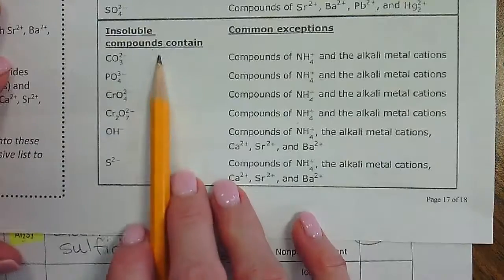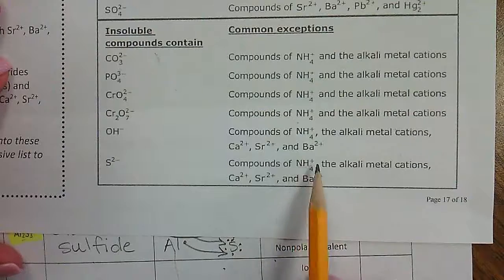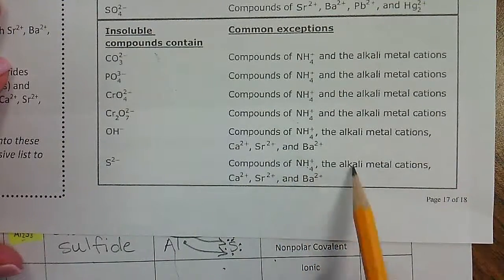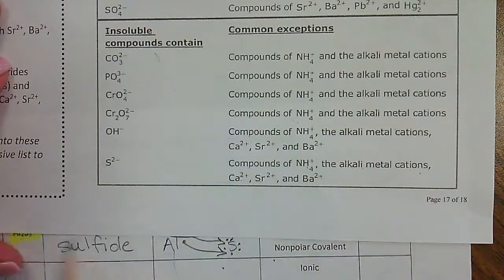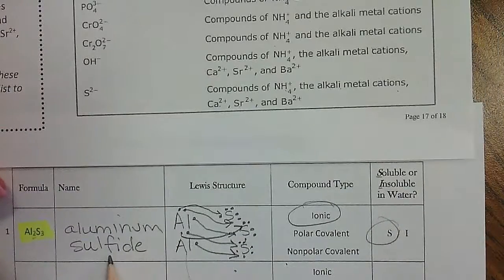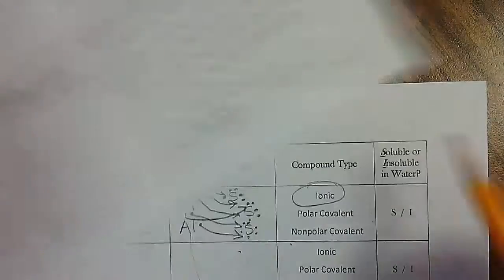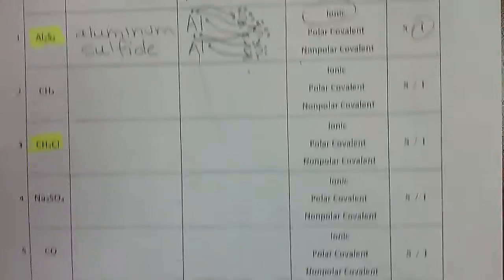That means that they will not dissolve in water. They're insoluble unless they're sulfide compounds with ammonium, like ammonium sulfide, any of the alkali metal cations like sodium sulfide, or calcium, strontium, or barium sulfide. Well, aluminum sulfide is none of those, so aluminum sulfide will actually be insoluble. We'll talk about solubility rules later. That'll make a little more sense in the coming days.